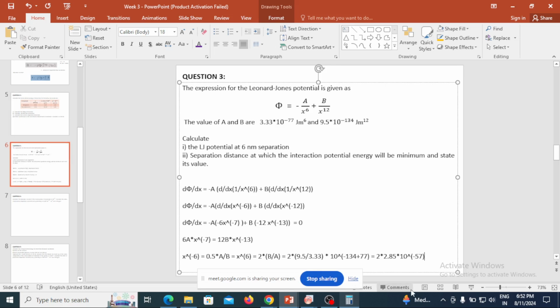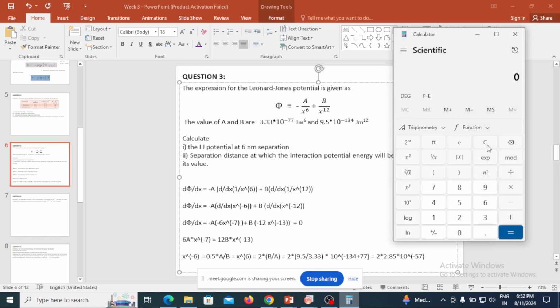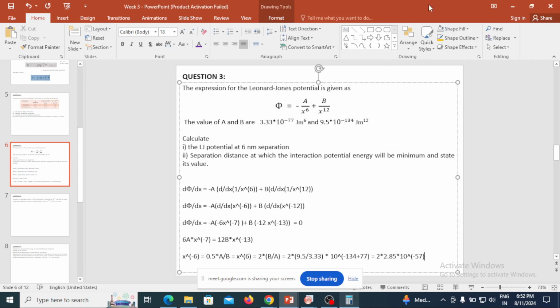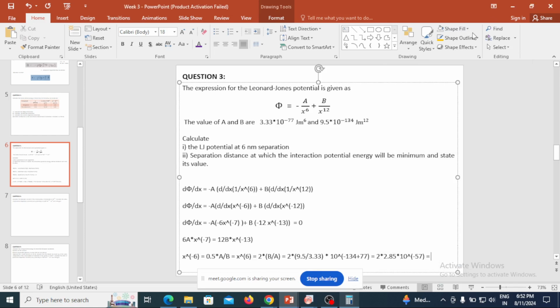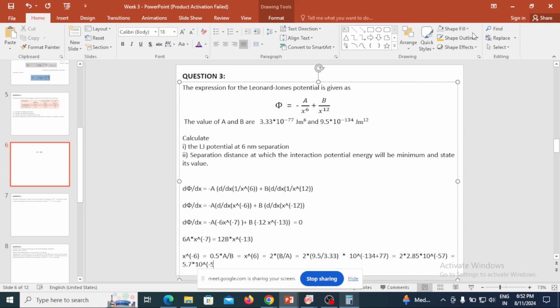Right? Please calculate along with me, so that in case there are any mistakes we can rectify those. So 2 times 2.85 is 5.7 times 10 to the power minus 57.